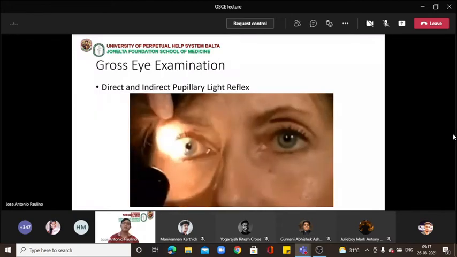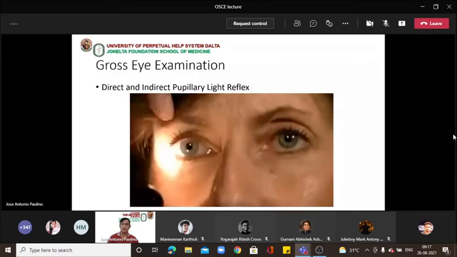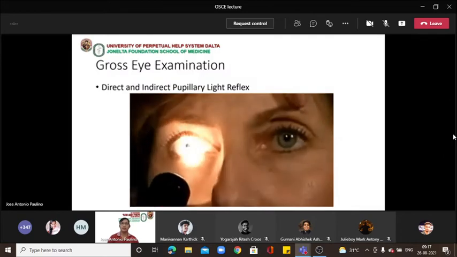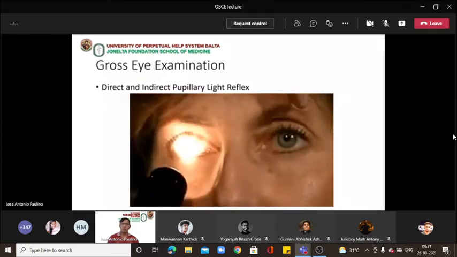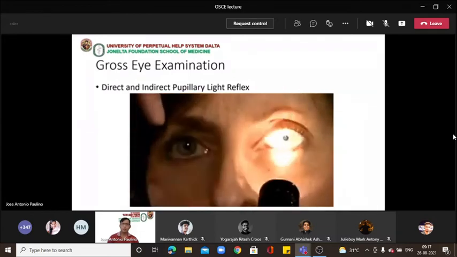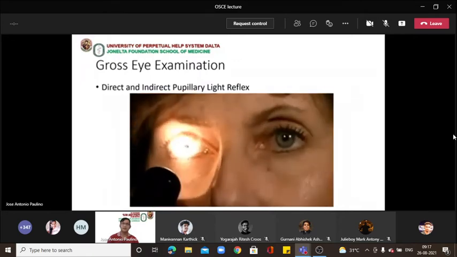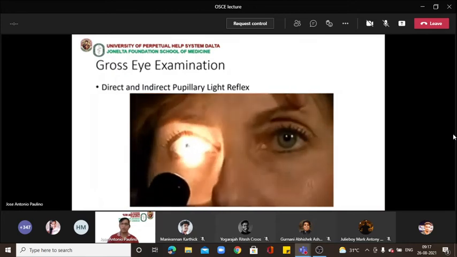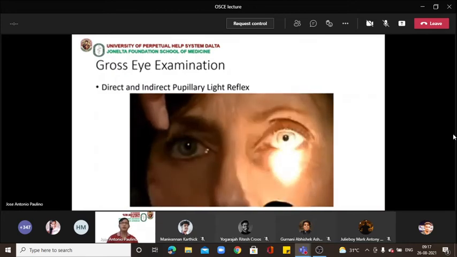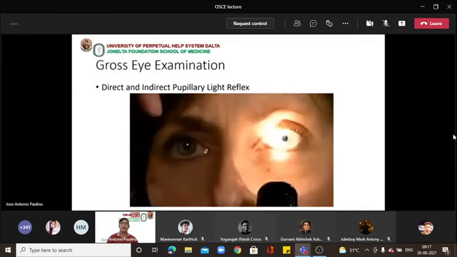So this is how we test the direct and indirect pupillary light reflex. First, we get a strong flashlight or pen light in a dimly lit room. We point the flashlight to one eye. The eye being pointed with the flashlight tests the direct pupillary light reflex. Usually the pupil should constrict to normally 3 millimeters in diameter.